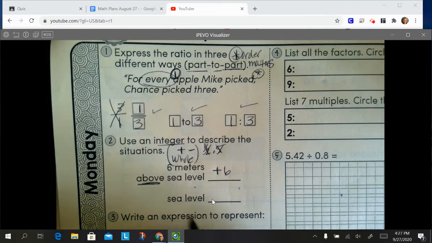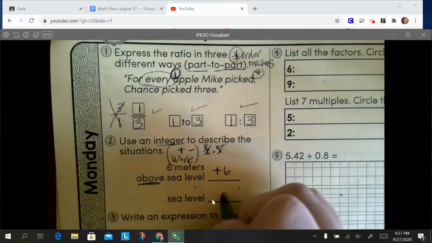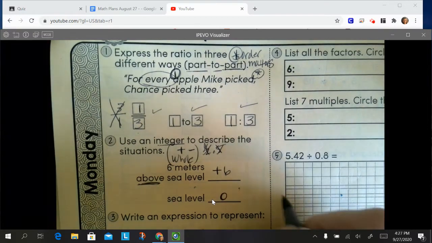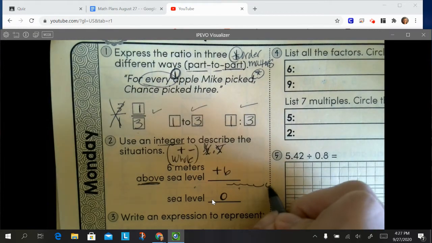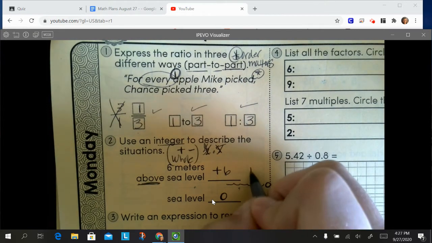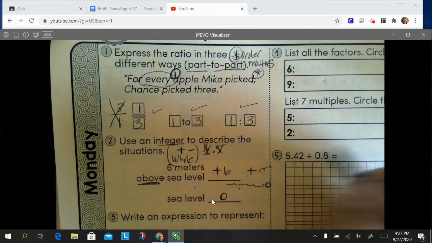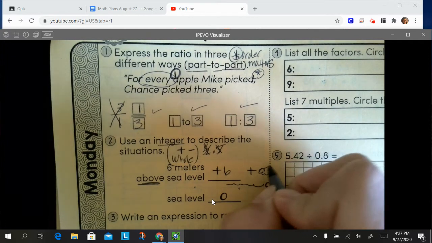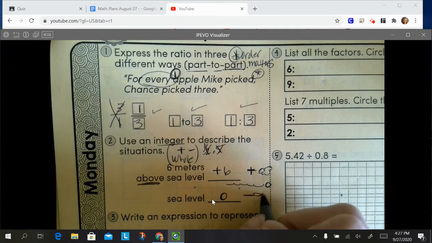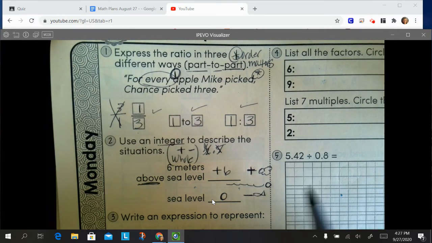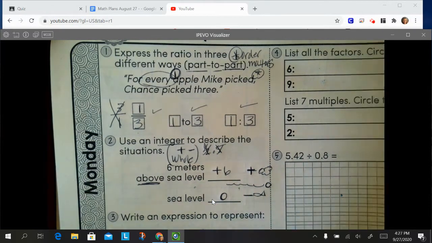If they're saying sea level, that's 0. Think of sea level like the water right there, and that's 0. Anything above, say a bird flying in the sky or a cloud, is positive. Then all the sharks and fish down here, underwater, are negative. So think of it like that.